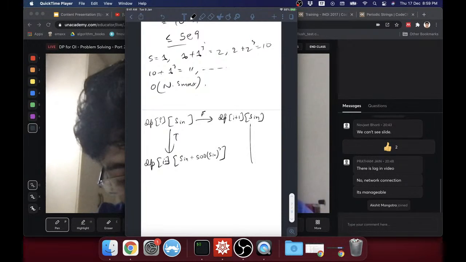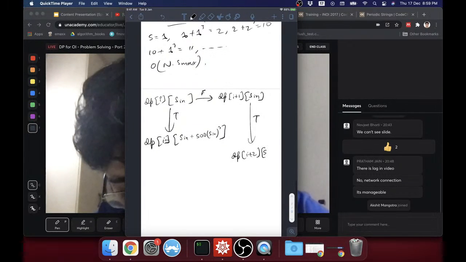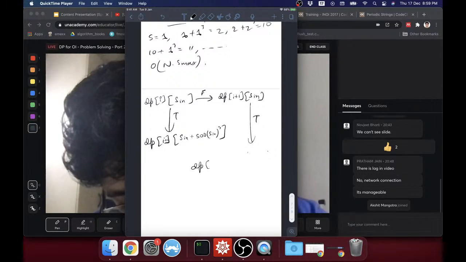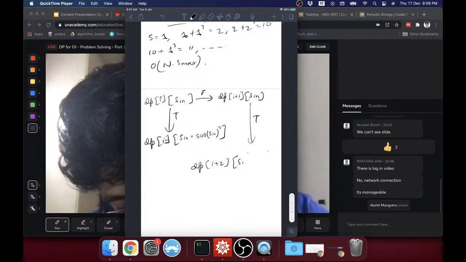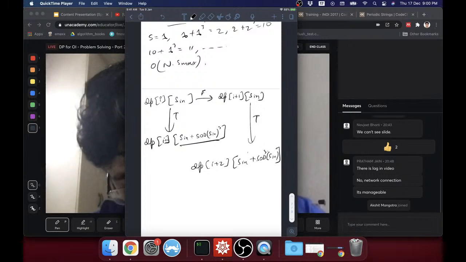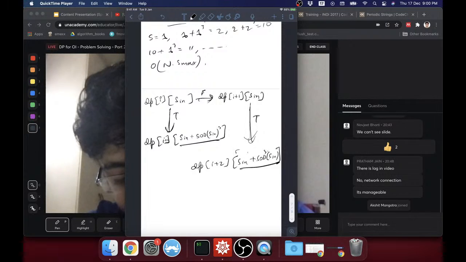If from here you would have trained, then you would have gone to DP i plus 2, S initial. Let me write it like this: S initial plus sum of digits of S initial cubed. Notice these two things are same. Even if you train one step or you fight and train, your resulting strength is same.